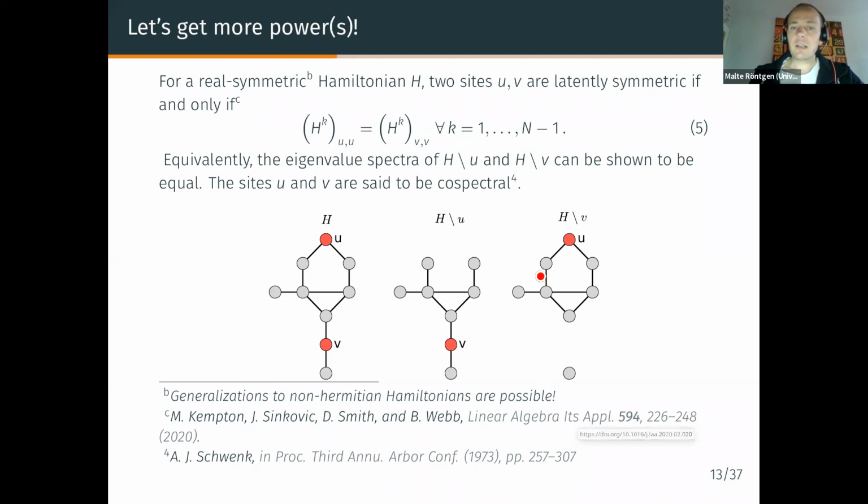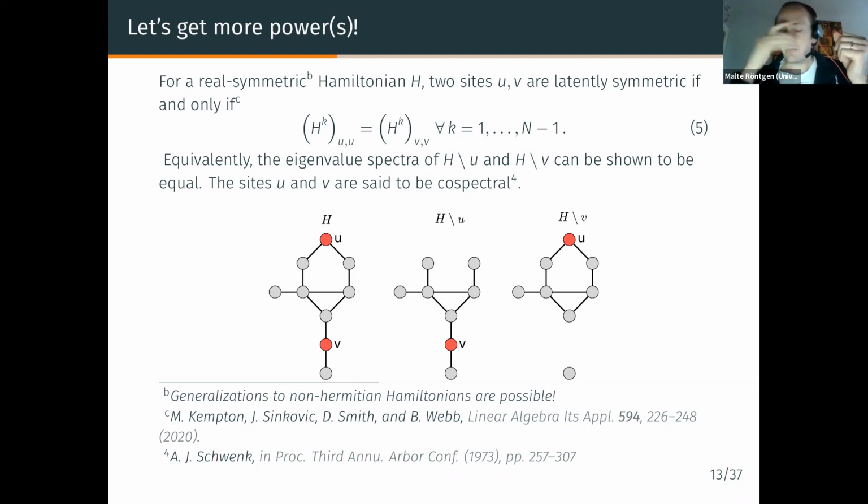And as a side remark, cospectrality is something like, well, you can think of it as a similar question to, can you hear the sound of a drum, where the question was, can you have two different shaped drums which have the same eigenfrequency spectrum? And graph theorists had a similar question, and the question was, can you have two different graphs which have the same eigenvalue spectrum?